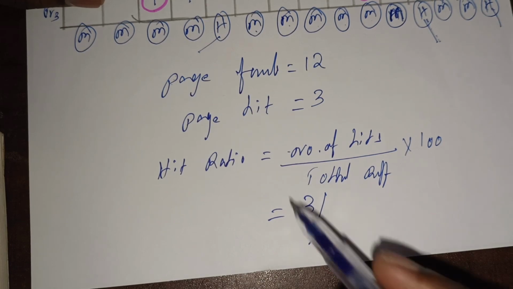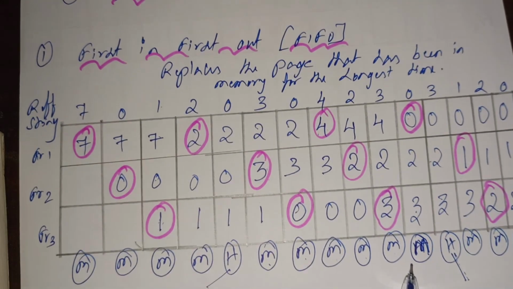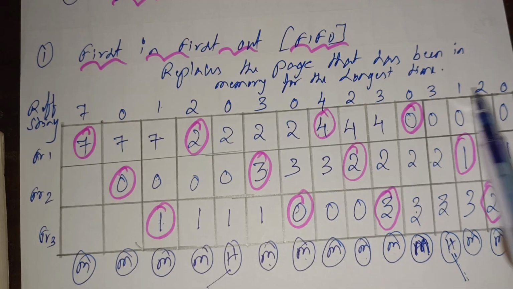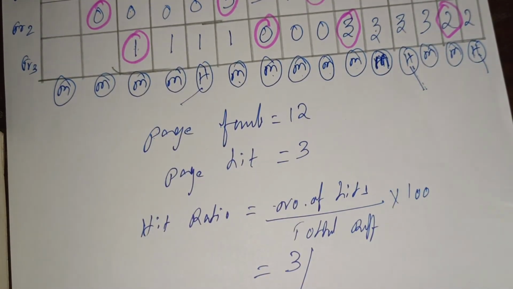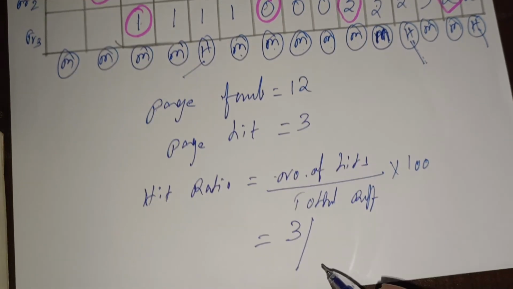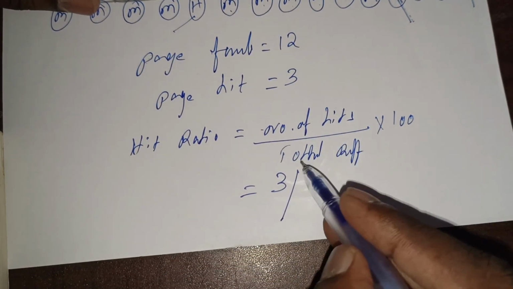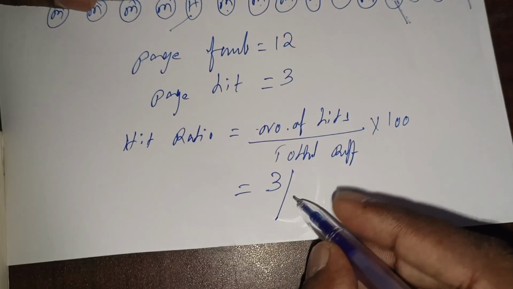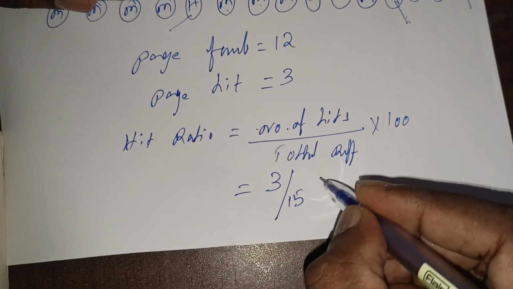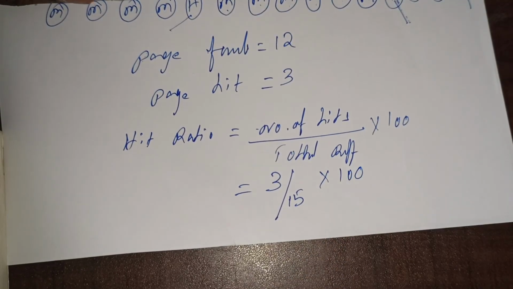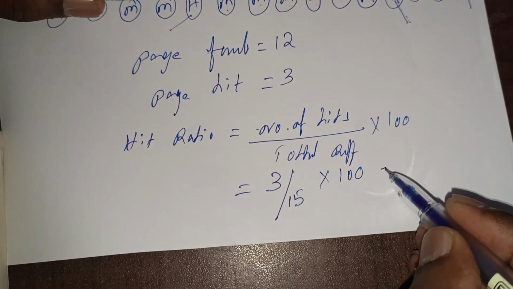Total references, how many references do we have? Number of reference strings, you can check it. So there are 15 reference strings. Okay, so we are going to calculate the hit ratio here. So 3 divided by total references requested by the CPU, which is 15, into 100. Okay, so you can check the value.